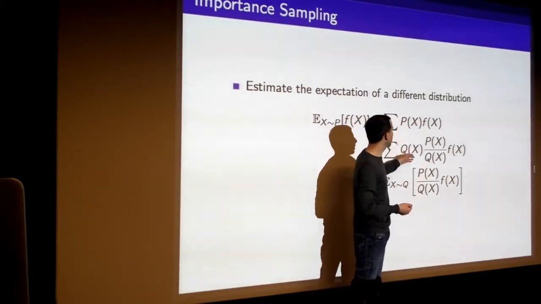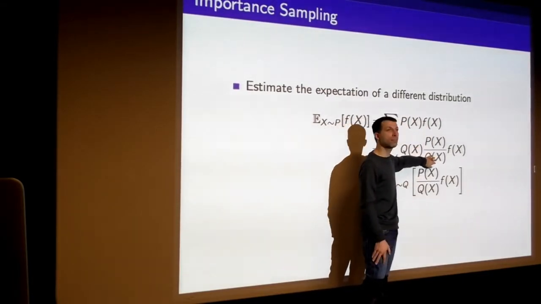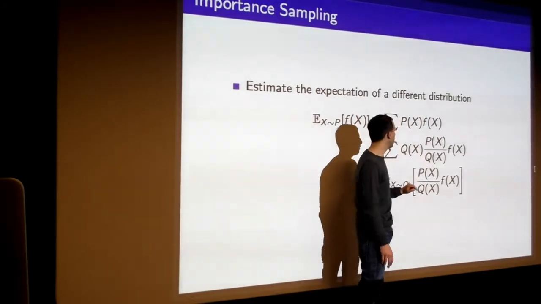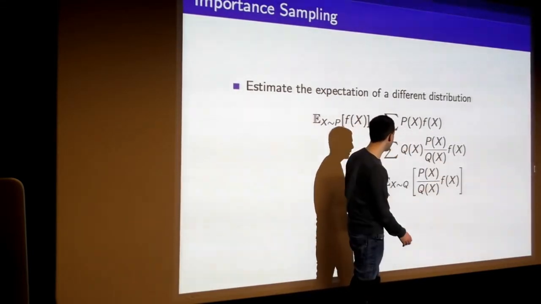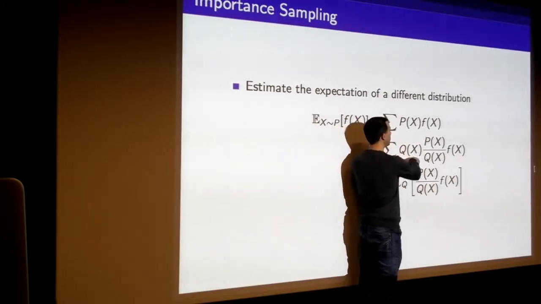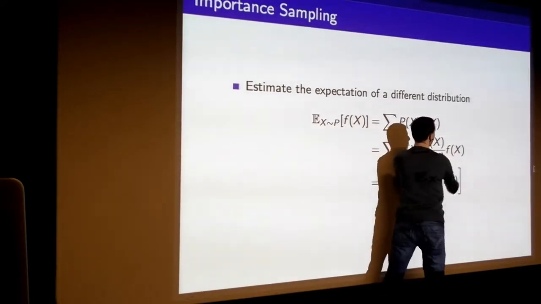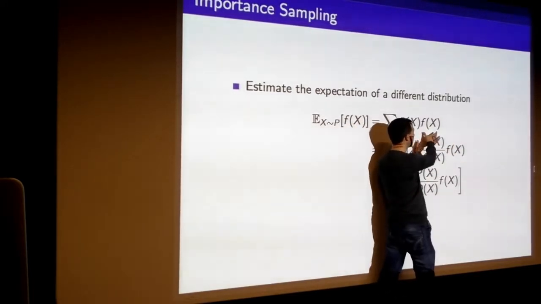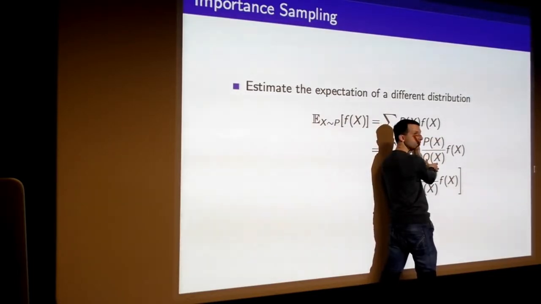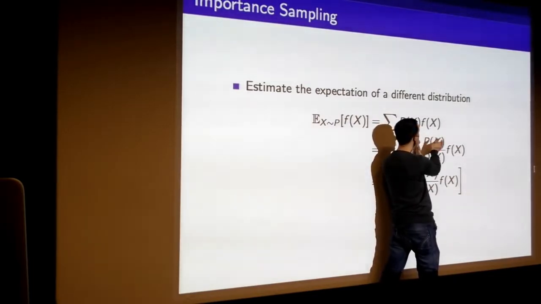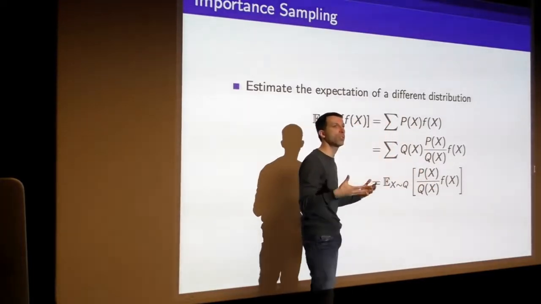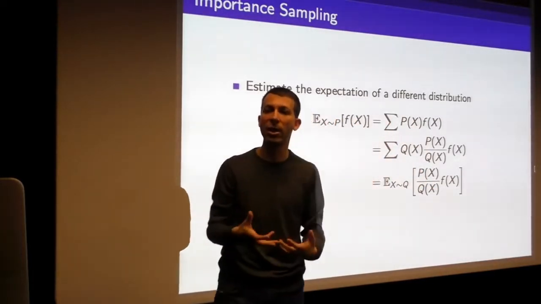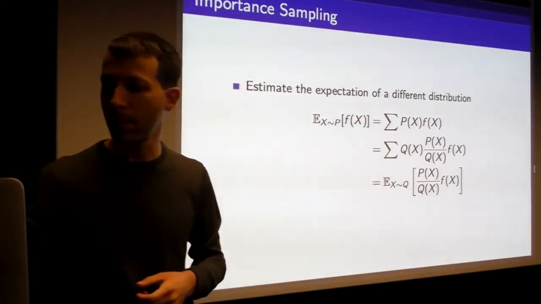And now what we can do is multiply and divide by some other distribution. Now you can basically say this is an expectation over our other distribution of this quantity here, where all we had to do was divide out our old probability. Basically you multiply and divide by the ratio between your old and your new distributions, and that corrects for the change between your distributions.